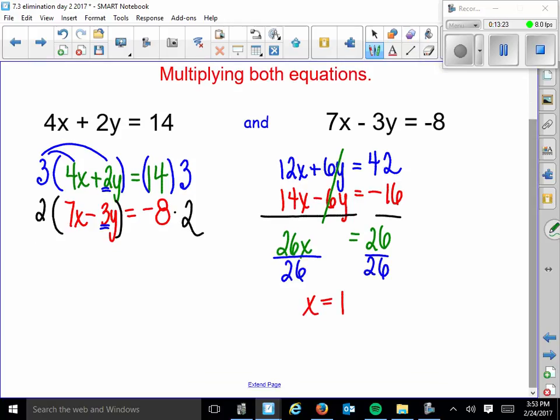It does not matter which of the original equations I go back to. The first one has smaller numbers and all positive, so I'm going to work from that. So 4 times x, which is 4 times 1, plus 2 times y equals 14. That gives me 4 plus 2y equals 14.